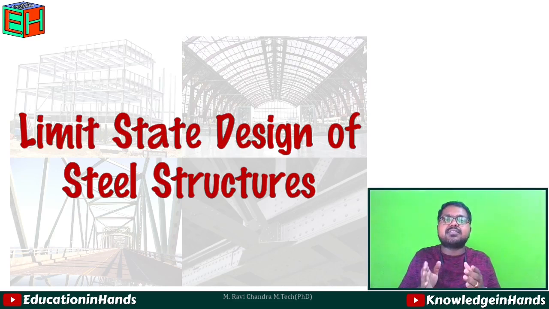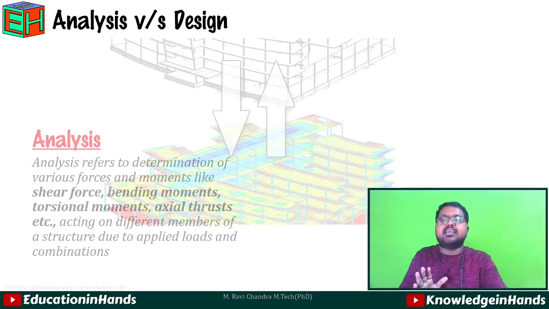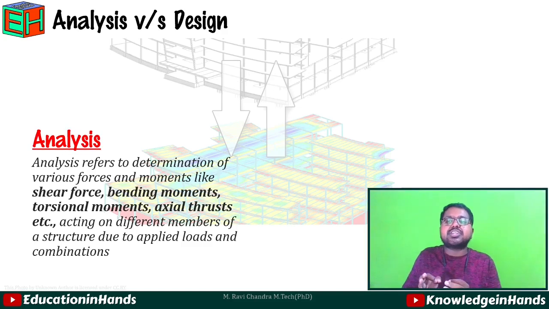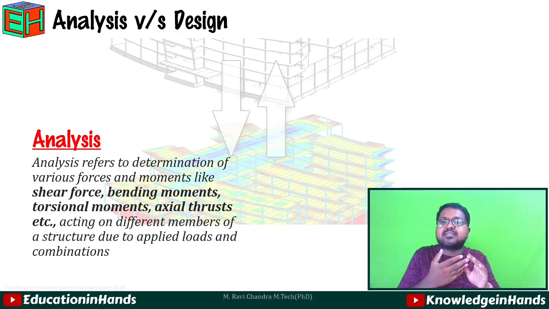This design of steel structures is carried out on the members in a structure when analysis is over. So if we see the difference between analysis and design, first, analysis refers to the determination of various forces and moments present in a member, like shear force, bending moment, torsional moments, or axial thrusts, etc., due to the action of loads and their combinations.